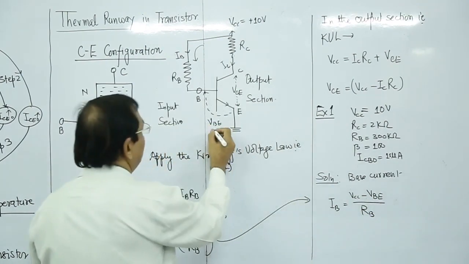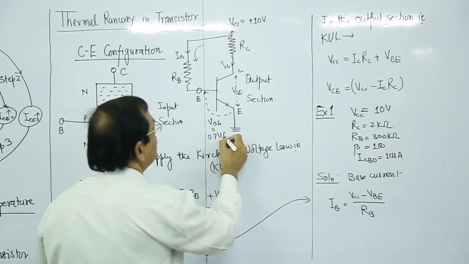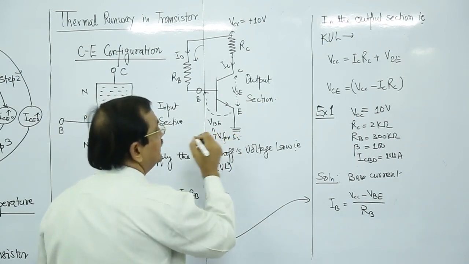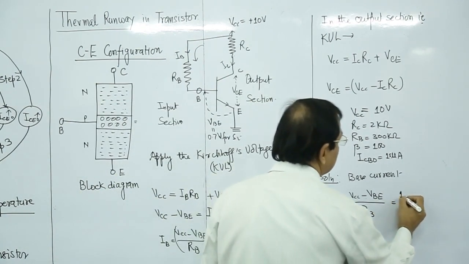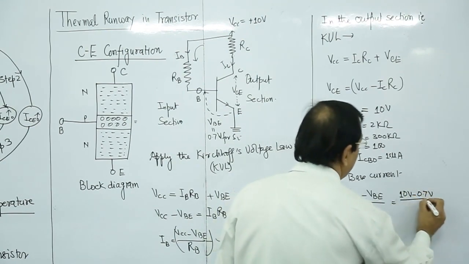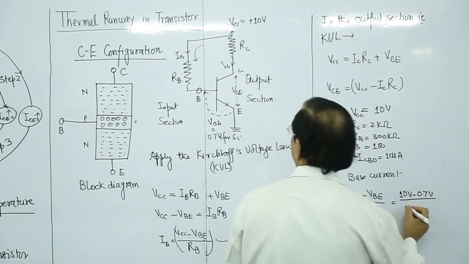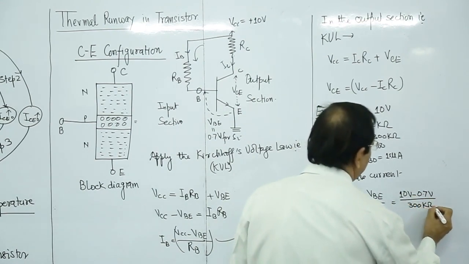The value of VBE is 0.7 volt for Si, silicon material. So by substituting, there is 10 volt minus 0.7 volt upon RB. RB is how much? It is 300 kilo ohm.